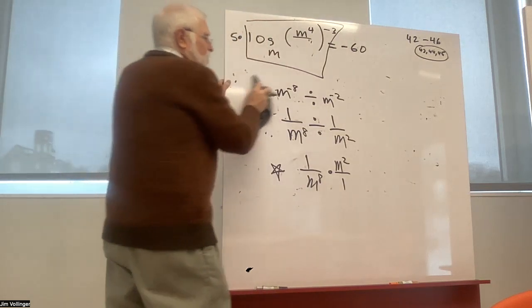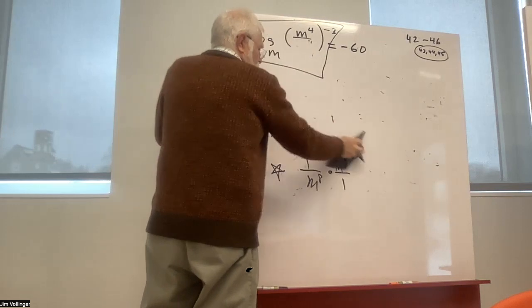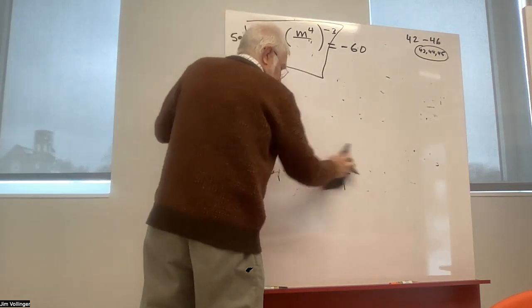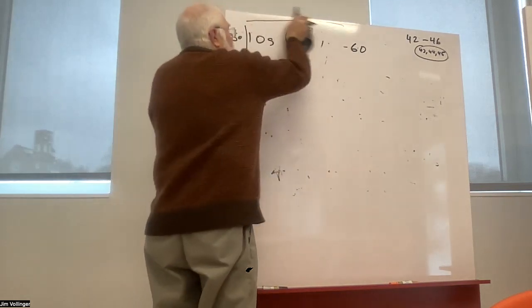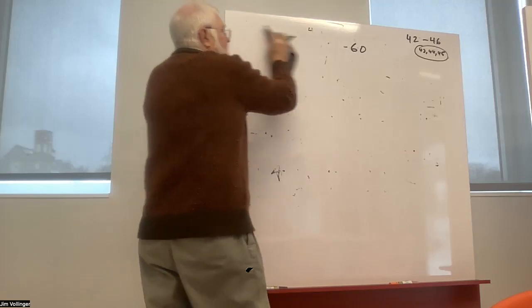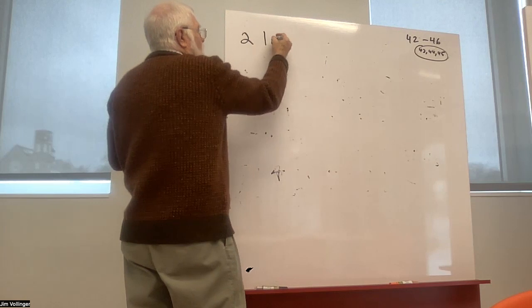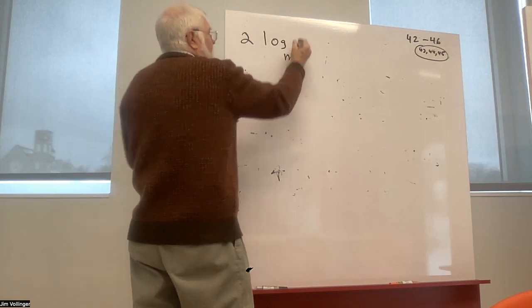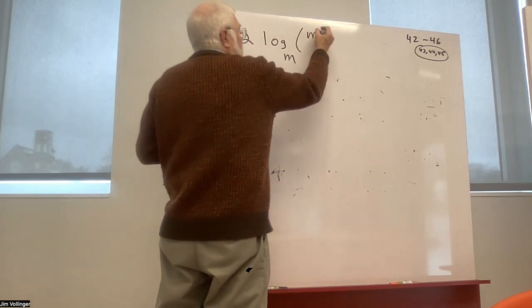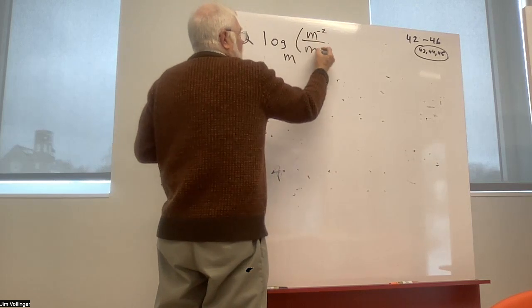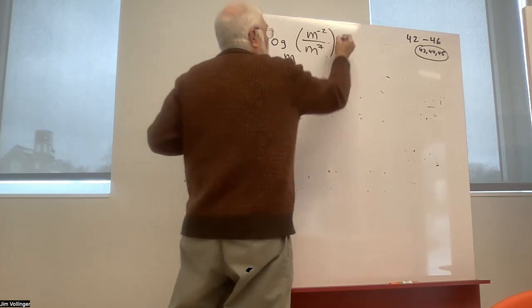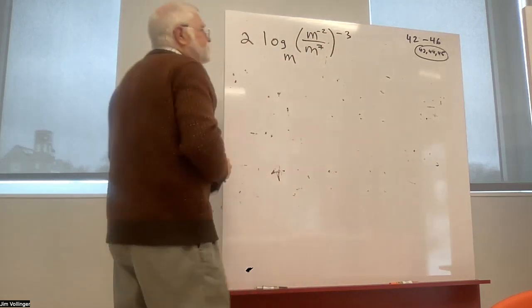I forgot I asked one of those. So let me do one of those, and we'll do a multiplication by 2. That's easier than multiplication by 5. 2 log base m of m to the minus 2, m to the 7, all to the minus 3.